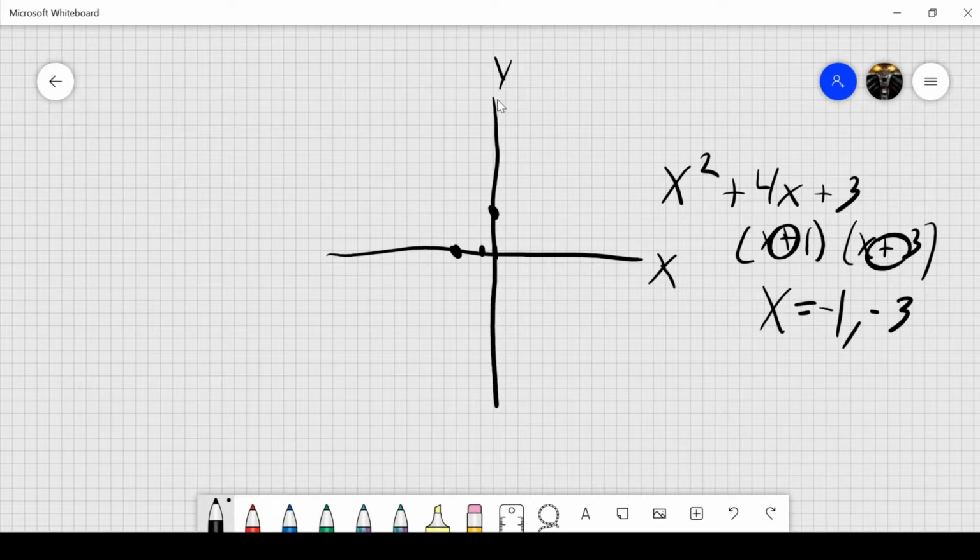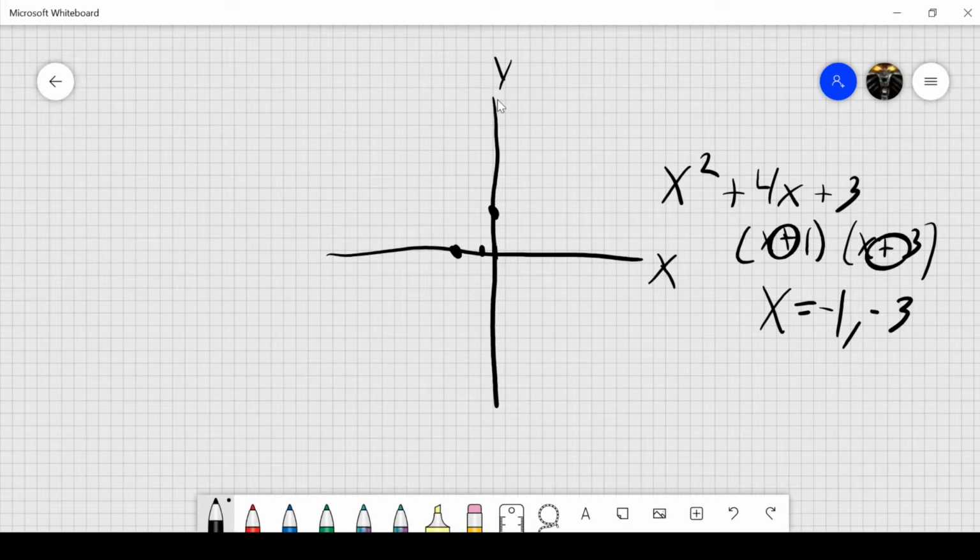Now, here's where we get into the last feature we need to know before we can truly make our graph. That is called the vertex. The vertex is essentially a midpoint between our two x-intercepts, and it is our lowest or highest point. When we talk about highest point, we're talking about negative quadratics or negative parabolas.